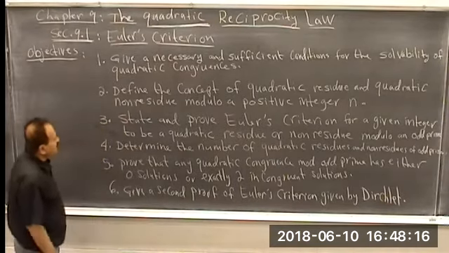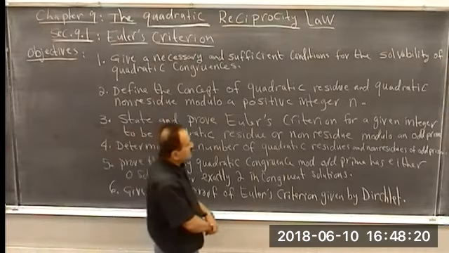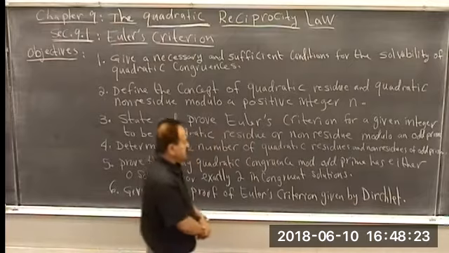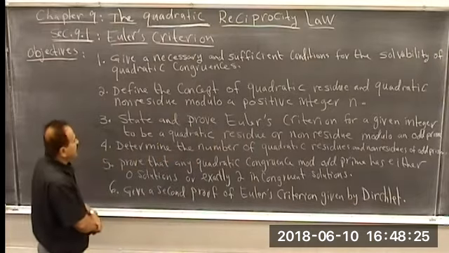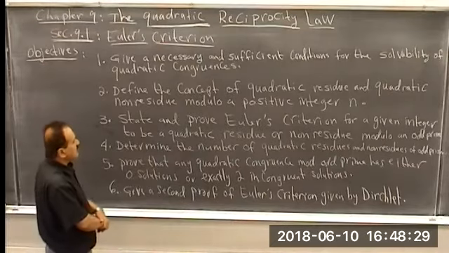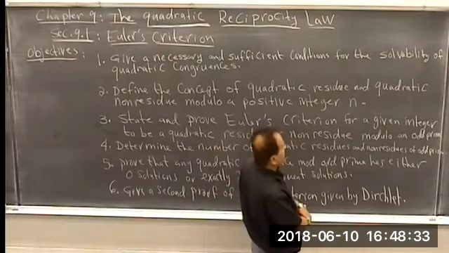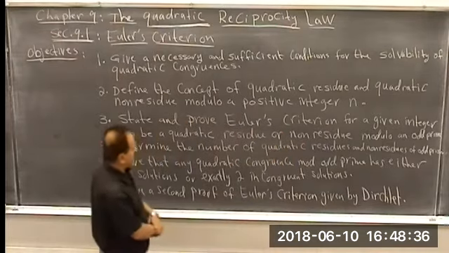Then we're going to state and prove Euler's criterion, and give, for a given integer, conditions under which this integer is a quadratic residue or quadratic non-residue modulo an odd prime, only for odd primes.